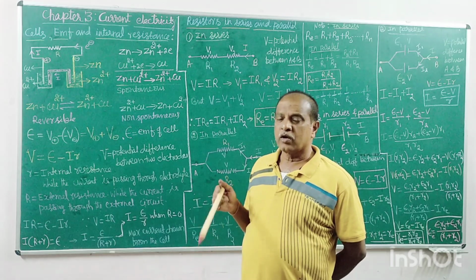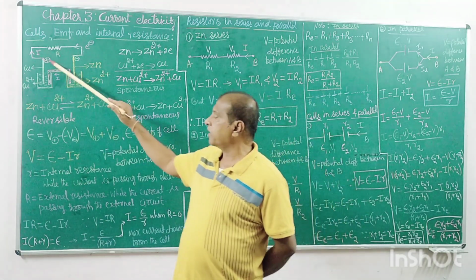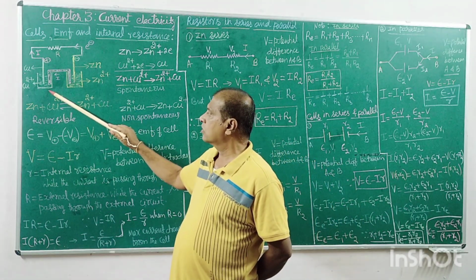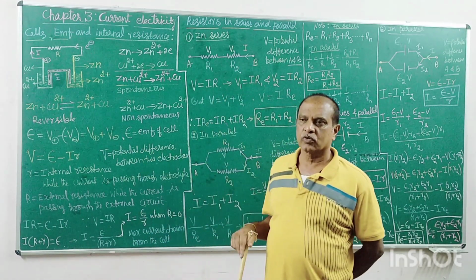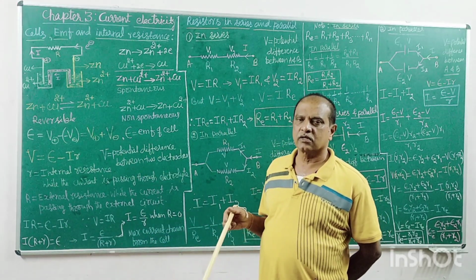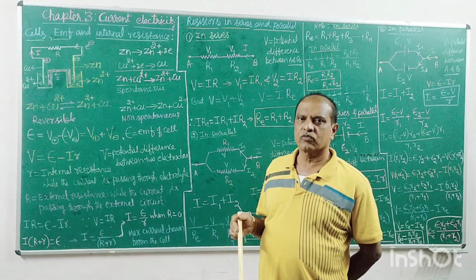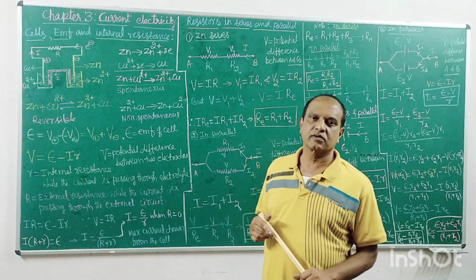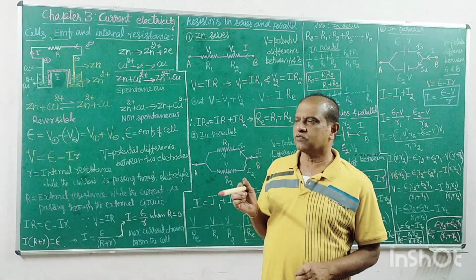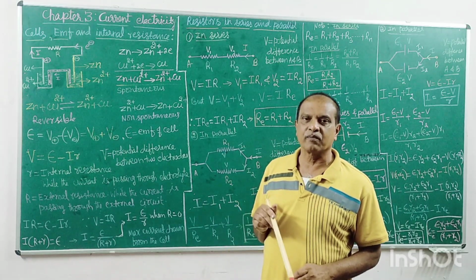Cobalt oxide is the cathode. And what is the electrolyte? The electrolyte is lithium fluorophosphate.